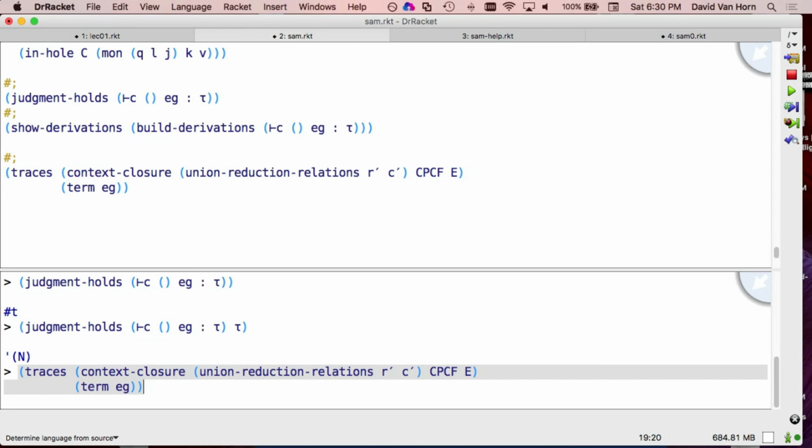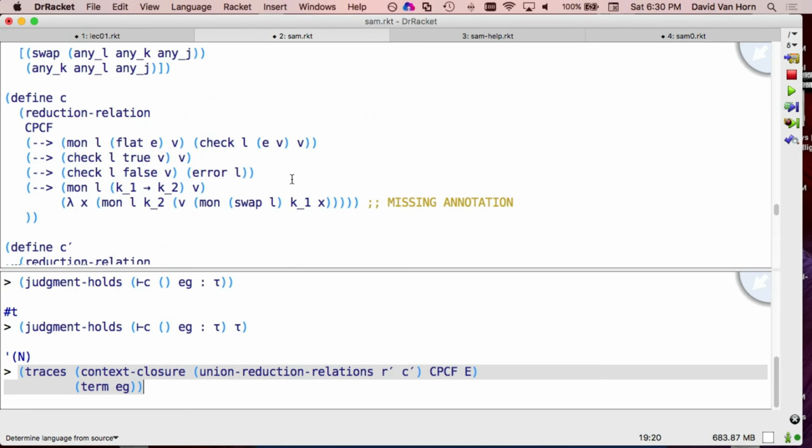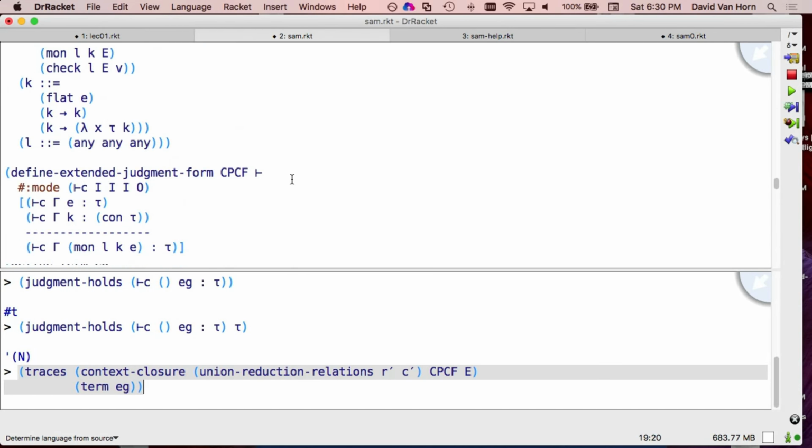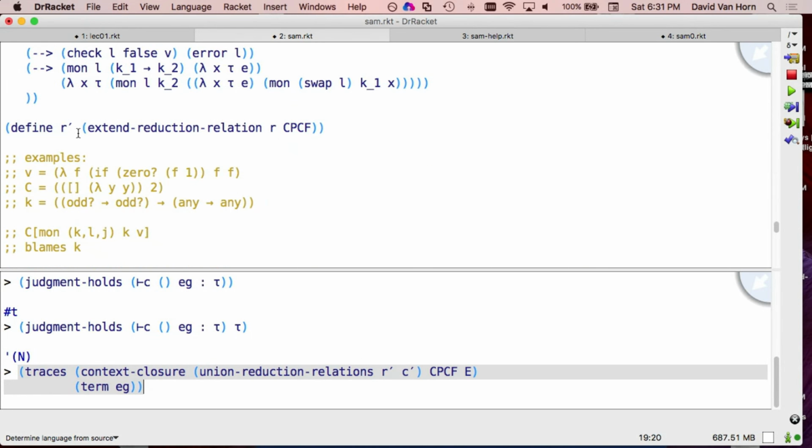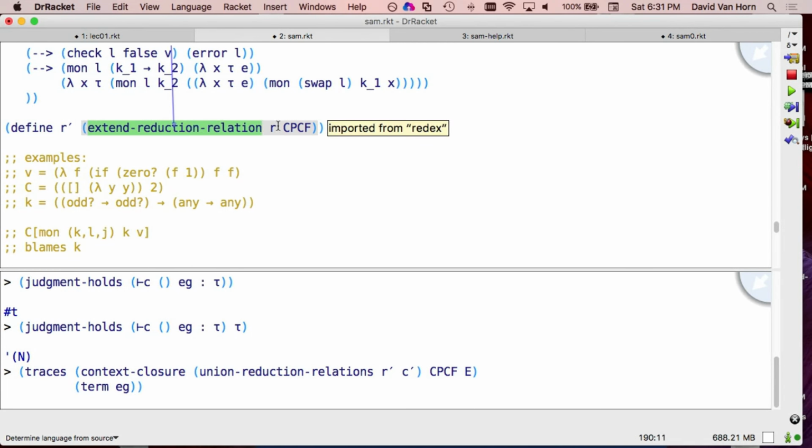R prime is the PCF reduction relation lifted to CPCF. Usually in papers that's just implicit, but here I had to be explicit about that. So let me show it to you. Here. R prime is just R, but I want those patterns that I wrote to be interpreted in CPCF, not PCF.